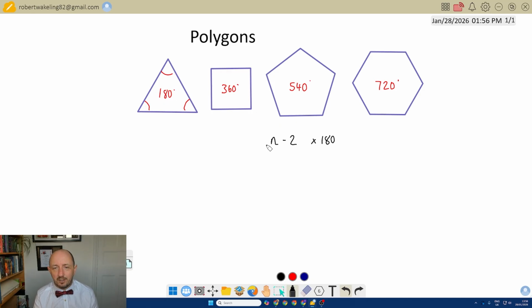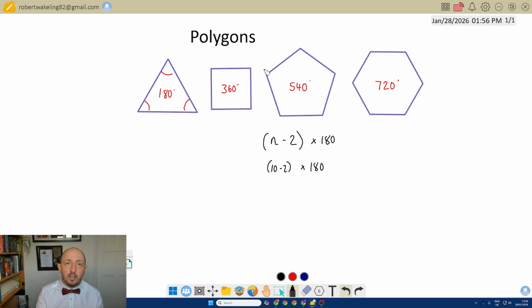Because of BIDMAS, you might want to think like that. Take away 2, then get that answer and times by 180. So a 10-sided shape, we could do 10 take away 2, and then times by 180. And that will be the interior angle sum.